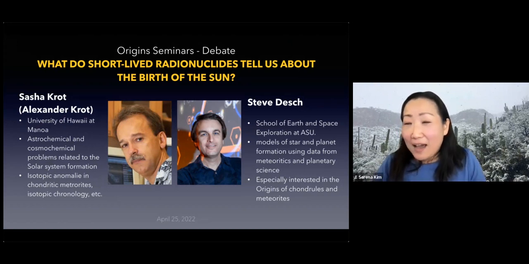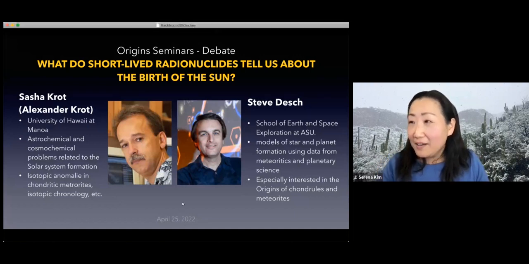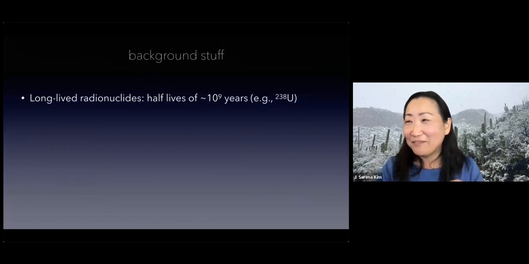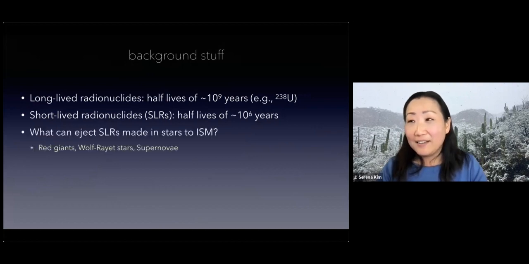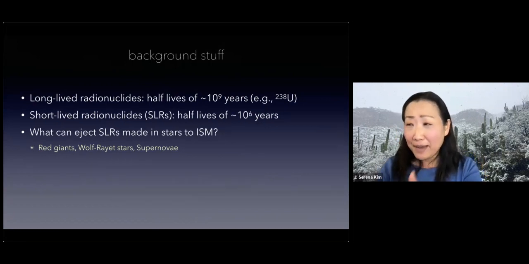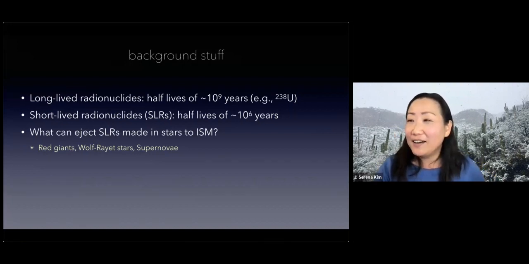So now I can go to the next slide. Just one slide about background before we start. There are long-lived radionuclides that have half-lives of about a billion years, like the well-known uranium-238. And short-lived radionuclides, which you will hear a lot about today, have half-lives of about 250,000 years. These short-lived radionuclides were made in stars and ejected into the ISM. Which objects can eject them?